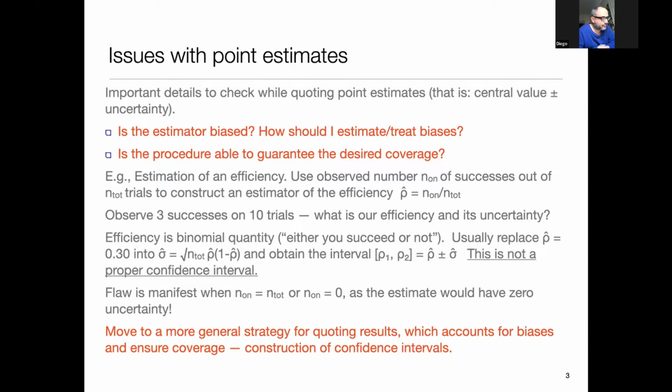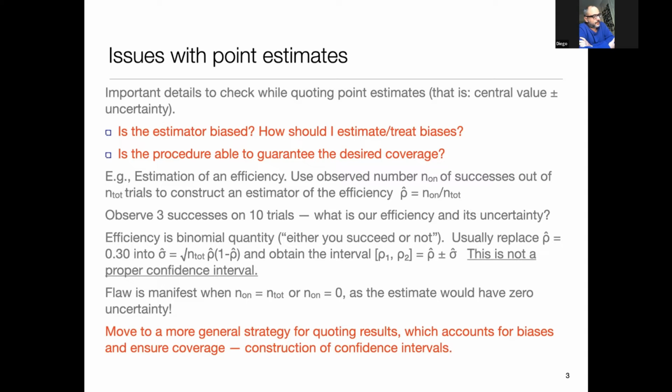Then you construct an estimator of the efficiency, rho hat, which is just the ratio between the successes and the trials. There is nothing new here. Suppose you execute your experiment and observe 3 successes in 10 trials. The obvious question is, what's your efficiency and what's the uncertainty on that?